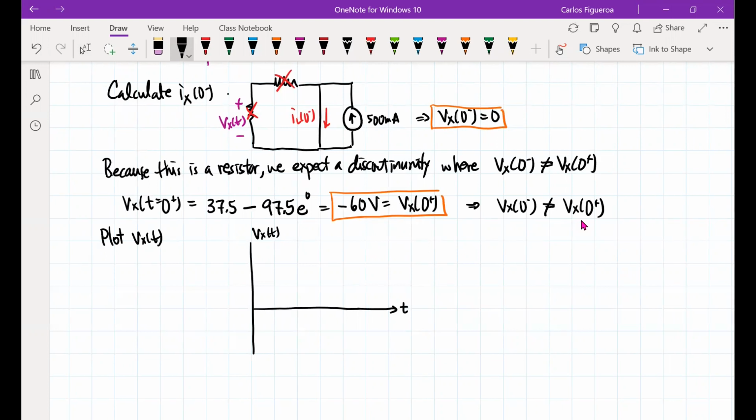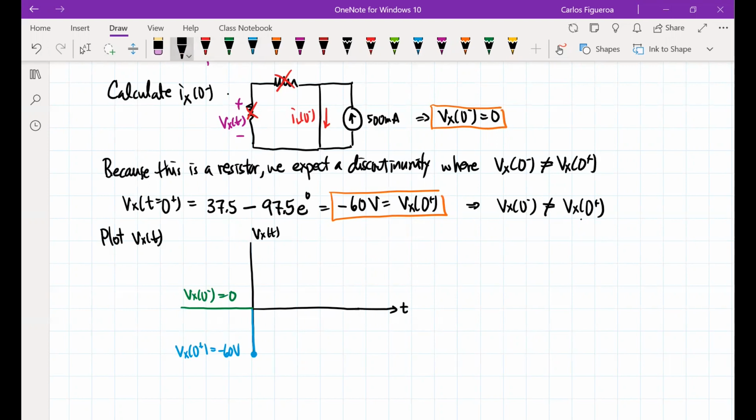This thing comes in at 0, and that's because the inductors are short. So Vx of 0 minus, I get 0 volts. Now there's a discontinuity of minus 60 volts. So this guy's going to drop all the way down right here, so that Vx of 0 plus is equal to minus 60 volts.